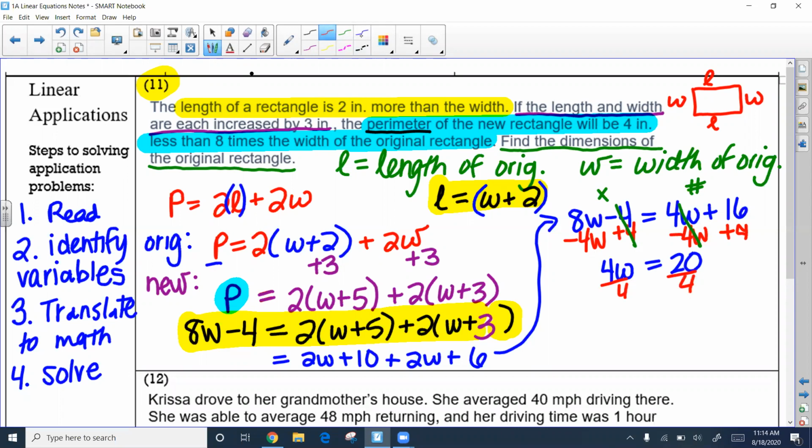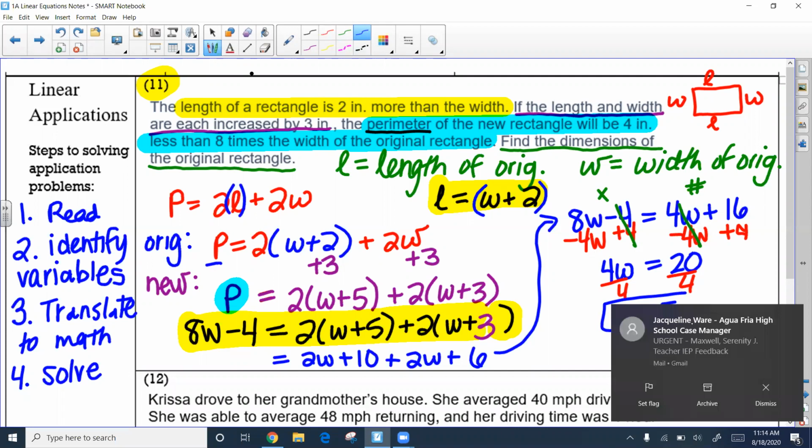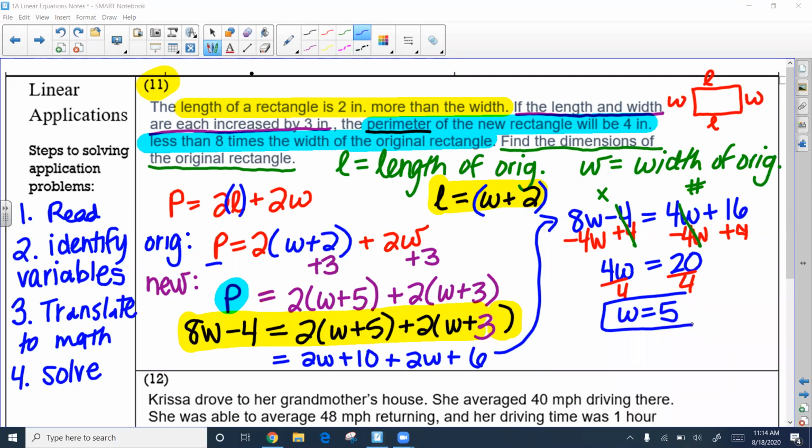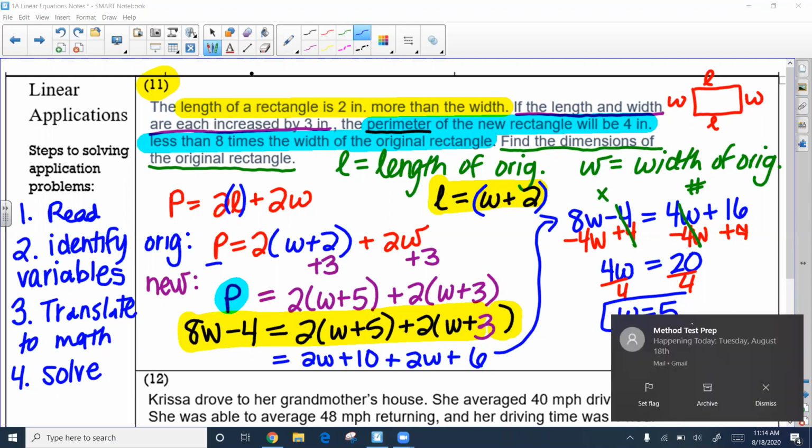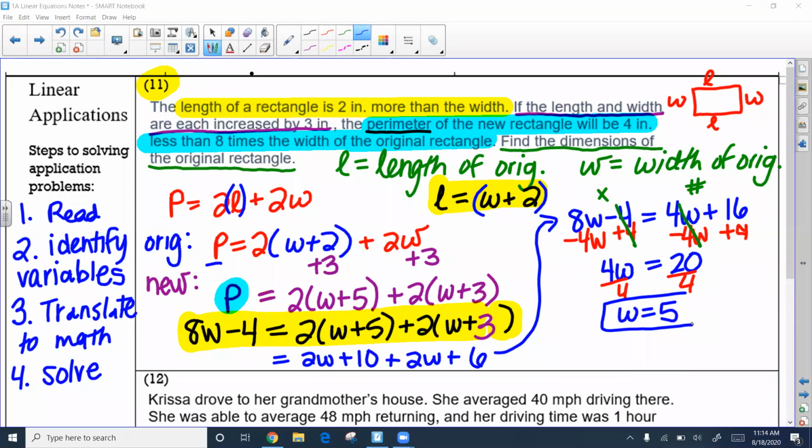And then I can divide by 4 and we get W equals 5. Okay, so we have actually part of our answer.